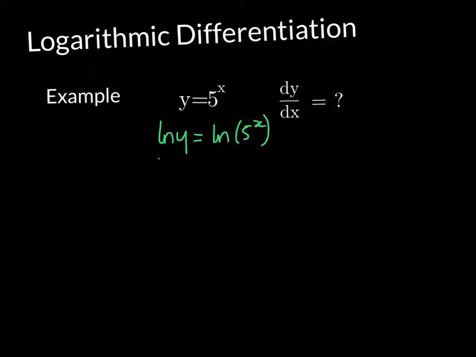Using the laws of logs, you can say that the natural log of y is equal to x multiplied by the natural log of 5. Okay, so we then want to differentiate this with respect to x, so using implicit differentiation on the left hand side, we can say that the differential of the natural log of y with respect to x is 1 over y times dy/dx.